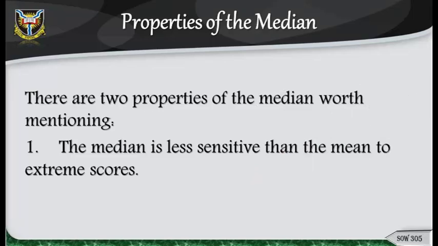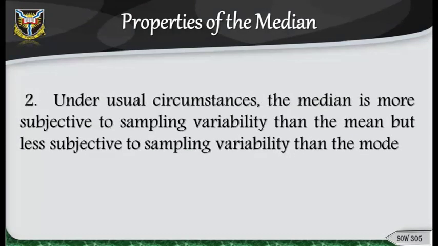Properties of the median. There are two properties of the median worth mentioning. 1. The median is less sensitive than the mean to extreme scores. Since the median is not responsive to each individual score, but rather divides the distribution in half, it is not as sensitive to extreme scores as the mean. 2.